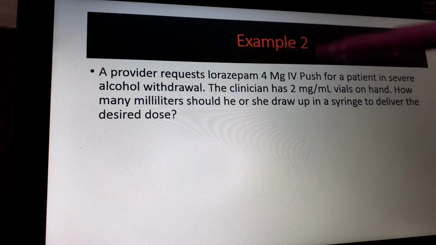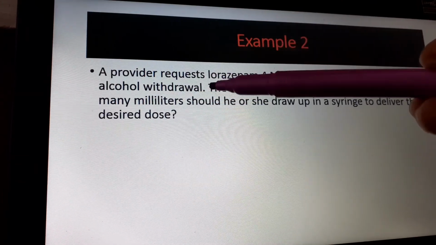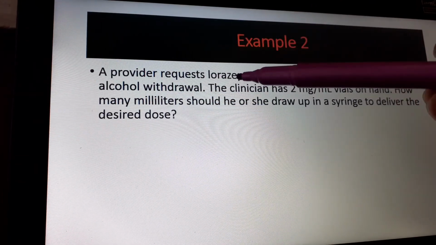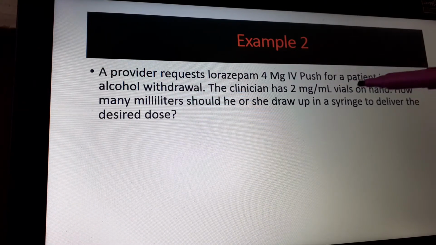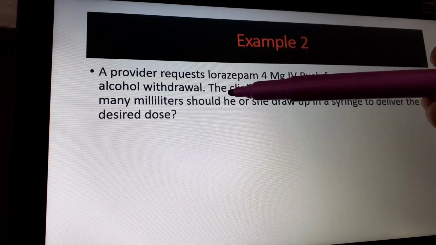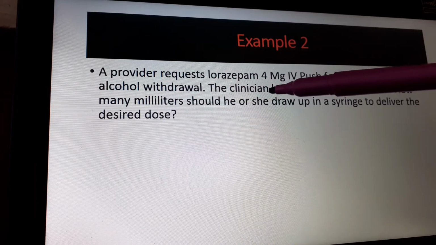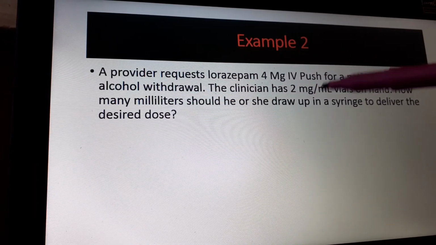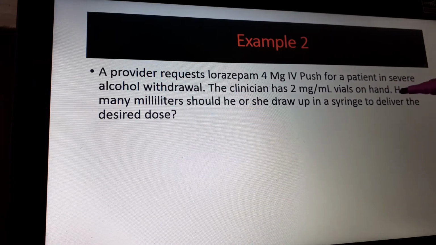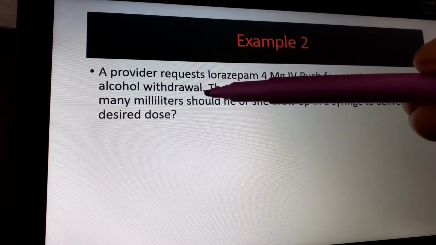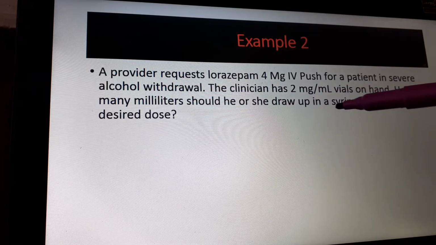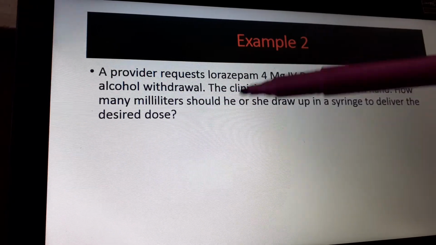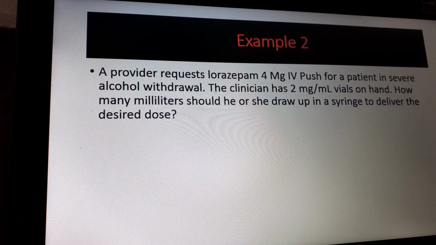This is an example. A provider requested lorazepam 4 mg IV for a patient in severe alcohol withdrawal. The clinician has 2 mg per ml vials on hand. How many milliliters should he or she draw up in a syringe to deliver the desired dose?